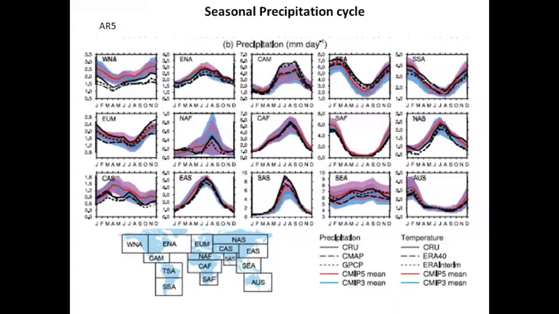So here we have all these regions you can see divided by West North America, East North America, Central America, and so on. And here we have this cycle which is January, February, March, and precipitation.